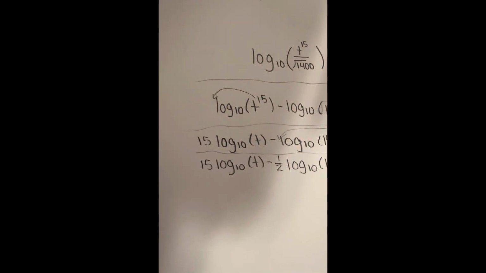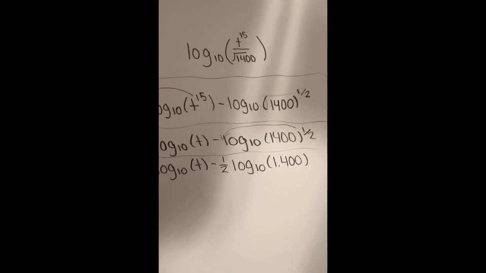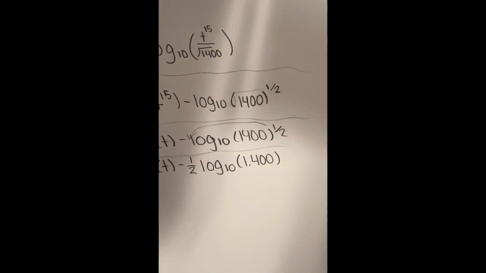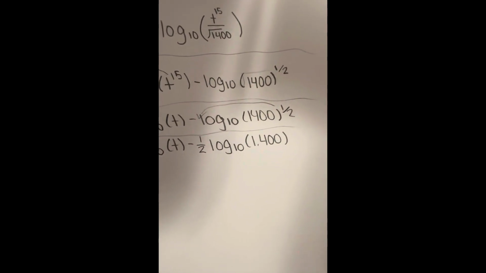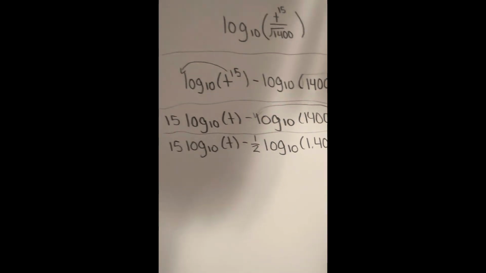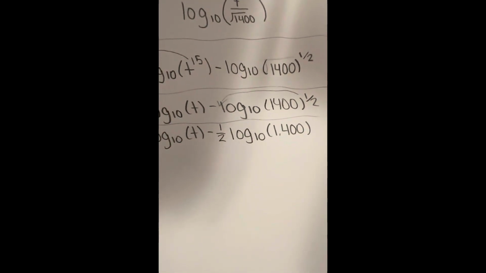So plugging that in is 15 log 10 t minus log 10 1,400 and then 1/2. And we need to do the same for the 1/2, put it in the front. So the final answer would be 15 log 10 t minus 1/2 log 10 1,400.